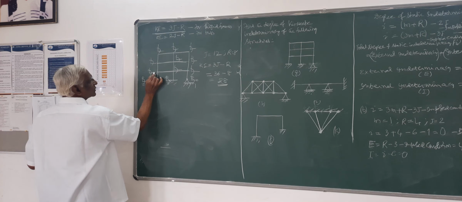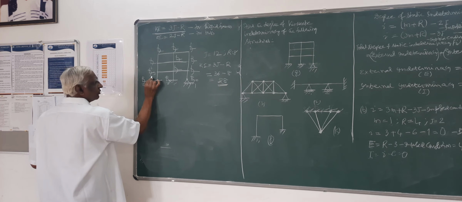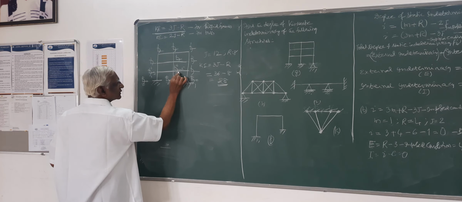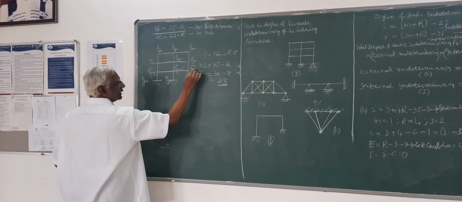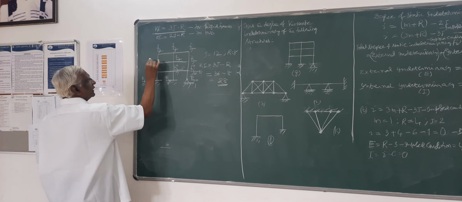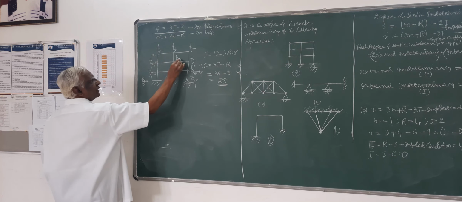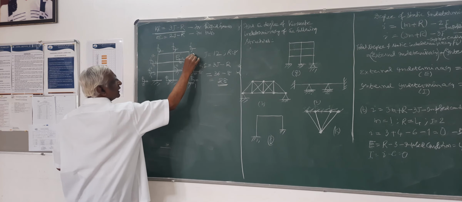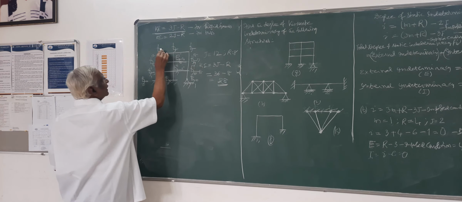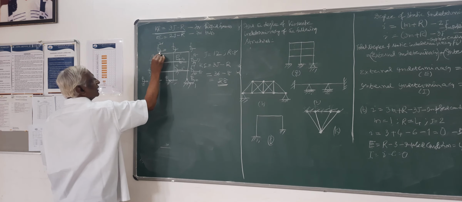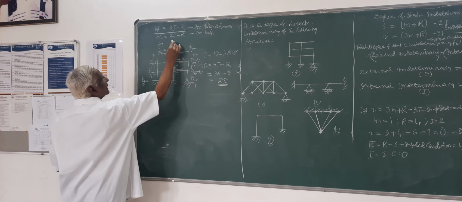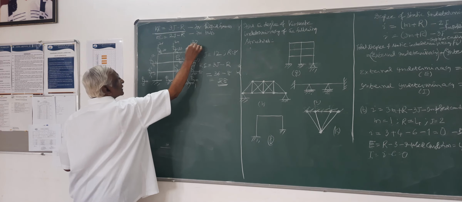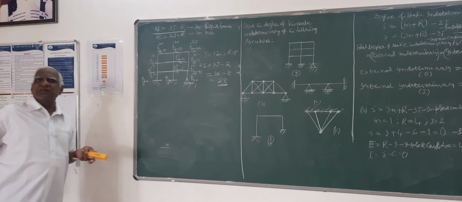So 1, this is 2, 3, 4. Here 5, 6, 7, 8, 9, 10, 11, 12, 13, 14, 15, 16, 17, 18, 19, 20, 21, 22, 23, 24, 25, 26, 27, 28.